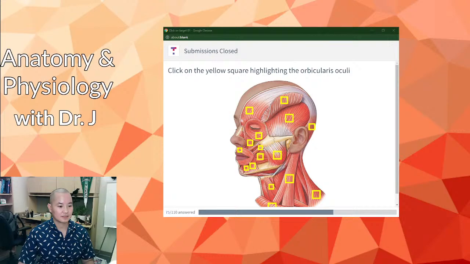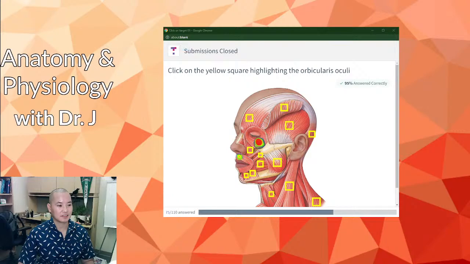Okay. It seems like most of you clicked this spot over here, and most of you are correct. Yes, that's the Orbicularis Oculi. Ocular refers to the eye, and Orbicularis refers to the round circular shape of the muscle.